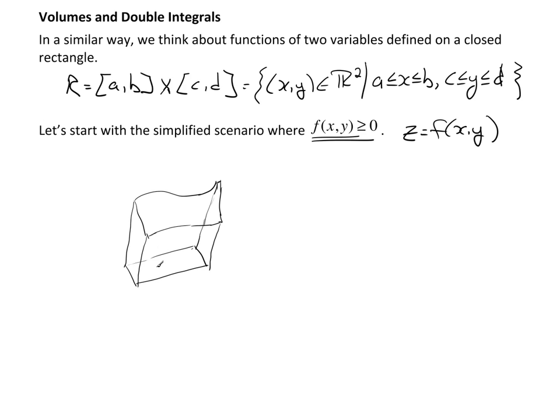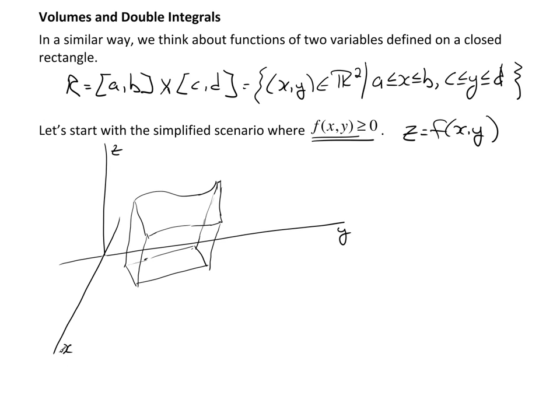That's not too bad. And of course, I'm going to need some axes on here. So this is going to be my z-axis. And let's say that my y-axis runs like this. And my x-axis is then going to run kind of like this.